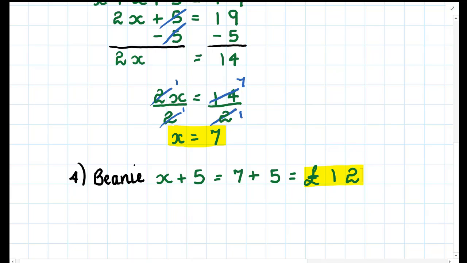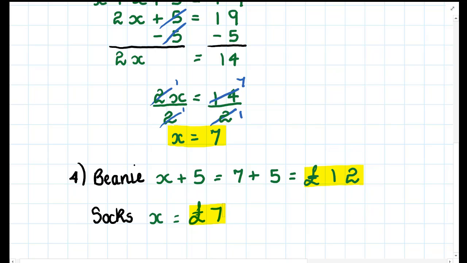So that's part A, and part B is how much do the socks cost? Well, the expression for the socks is just x. And we know that x is equal to 7. So the cost of the socks is 7.